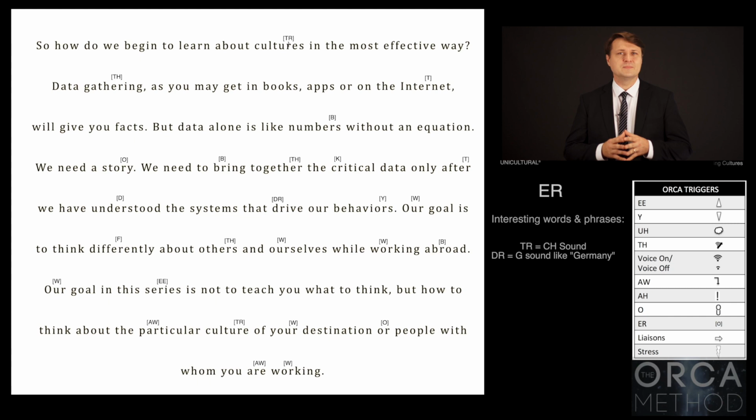So year, just do an E, double time, really wide E, punch it into the R. So year, series, is not to teach you what to think, but how to think about the particular, O-R. Interesting, the aw is one of our triggers. So aw, even though we put AW there, it's actually the drop the jaw. It's the same exact symbol, but we write it up top.